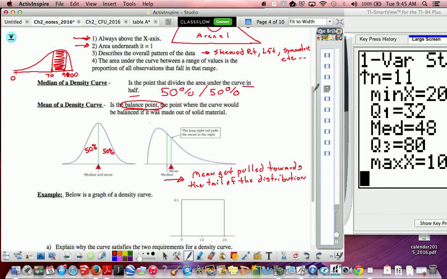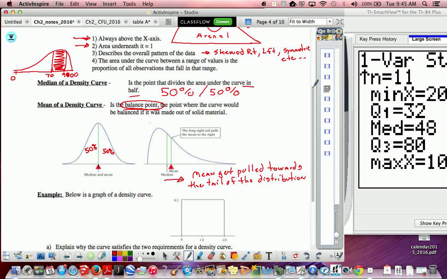The median would probably be a better description, because usually when students are asking what's the average, they're asking, what's the middle score? Where did I do in proportion to the class? So half did above and below, so median tends to be a better representation, especially when you have a skewed distribution.